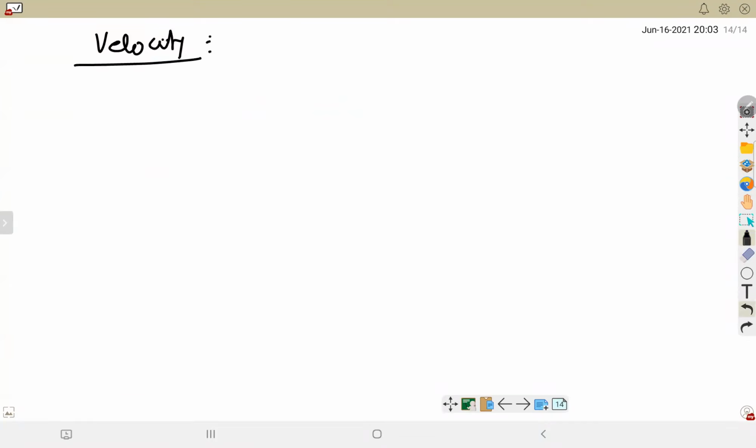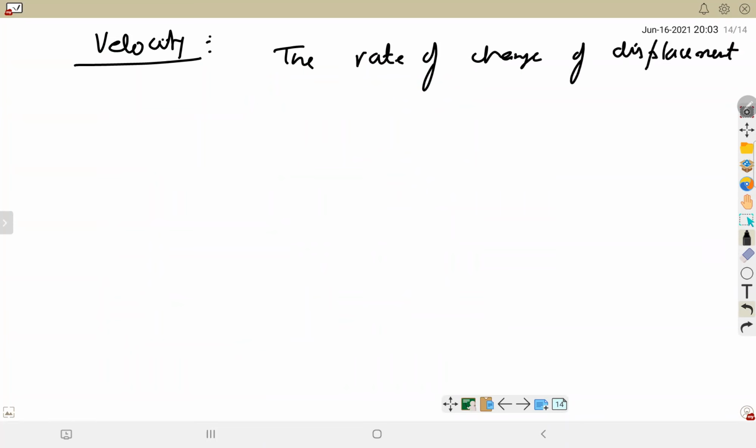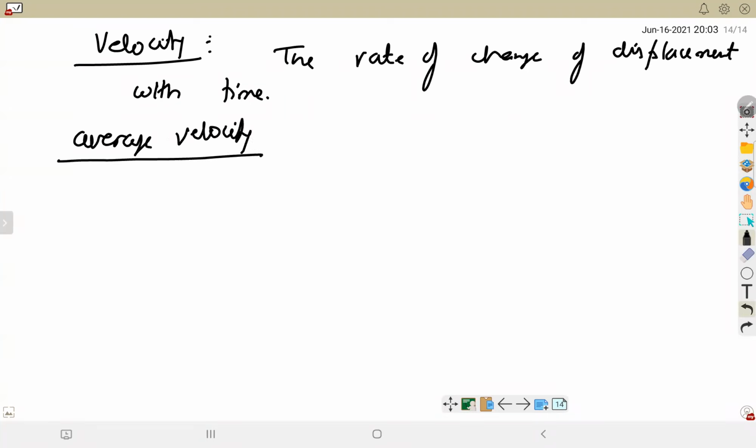Right, so velocity is the rate of change of displacement with time. Again, the rate of change will be measured in two different ways, average and instantaneous. Average velocity will be the total displacement divided by total time taken.